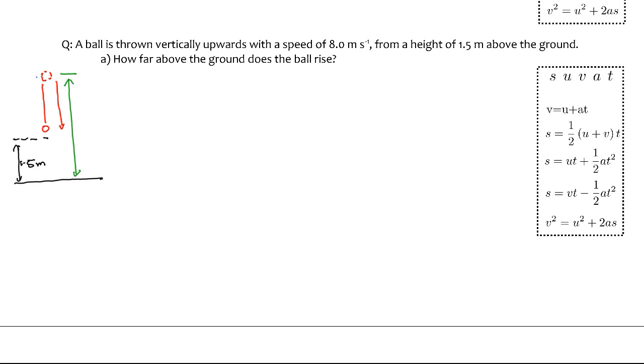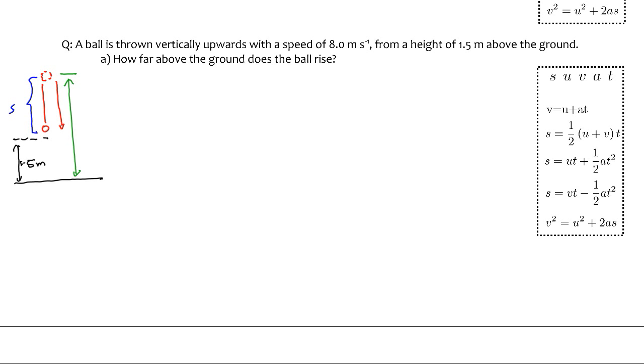How far does it go to reach the top? That's the displacement. I can consider the motion from this point up to this point, and then I can find the displacement that the ball goes through from the point it was thrown up until it reaches the top of its path.